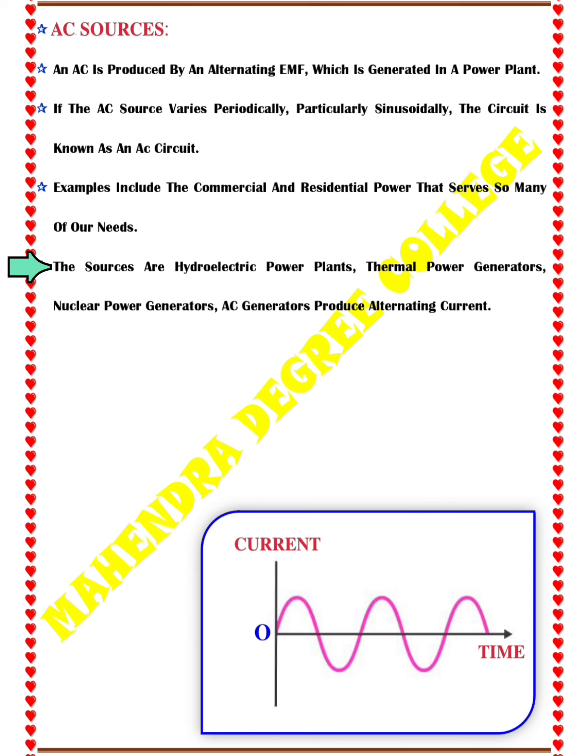In simple version, hydroelectric, thermal, and nuclear power plants are major sources of electricity. These plants use AC generators to produce alternating current.